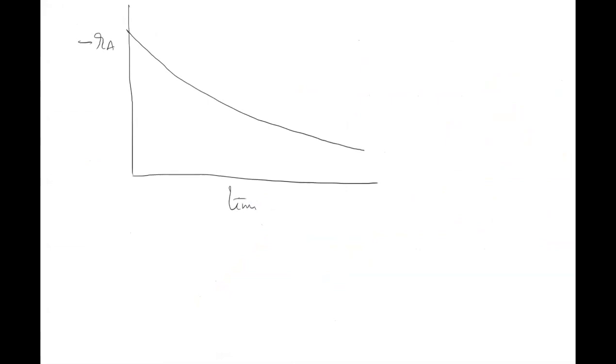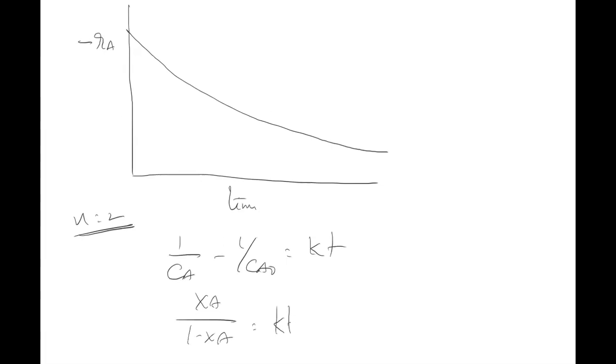Now, next question. Minus rA decreases with respect to time. If you see for n equal to 2, how much time is required for 100% conversion? 1 by CA minus 1 by CA naught is equal to k into t, or XA by 1 minus XA equal to k into t into CA naught.